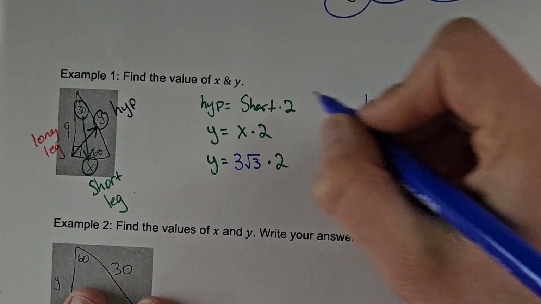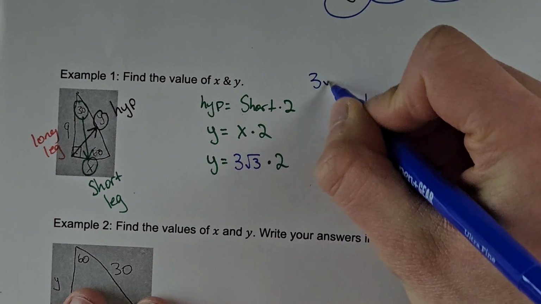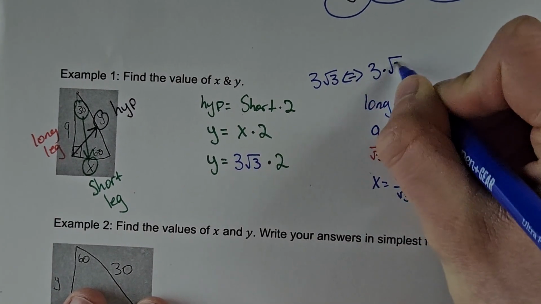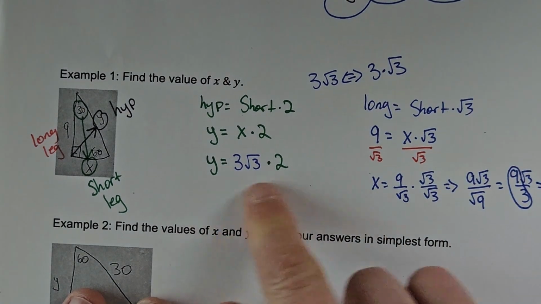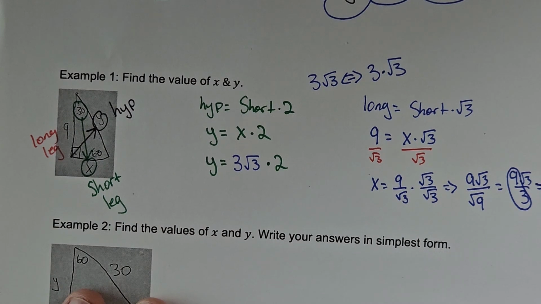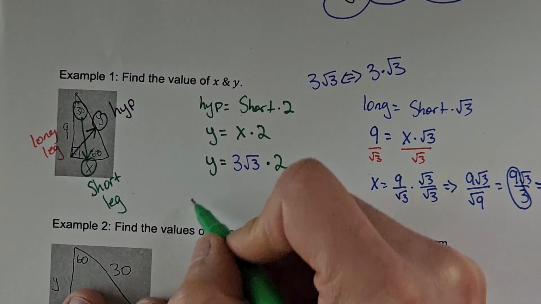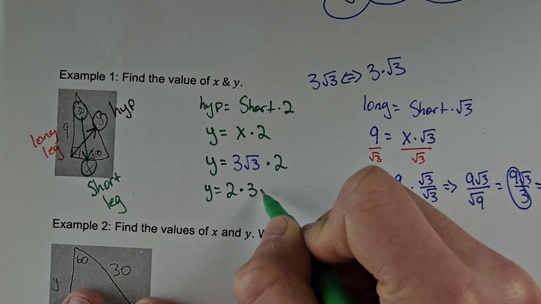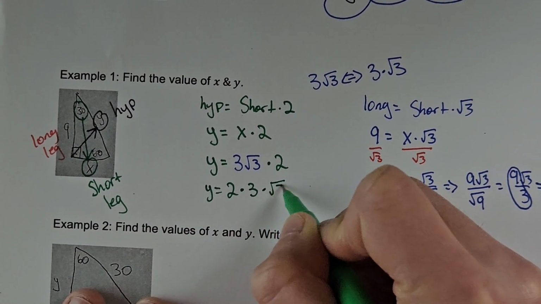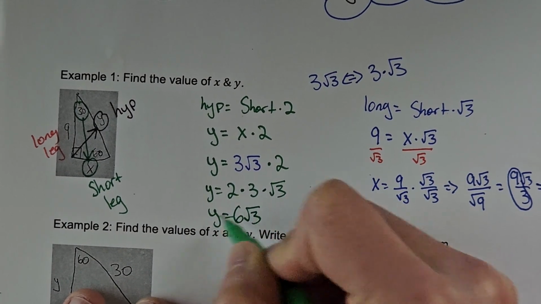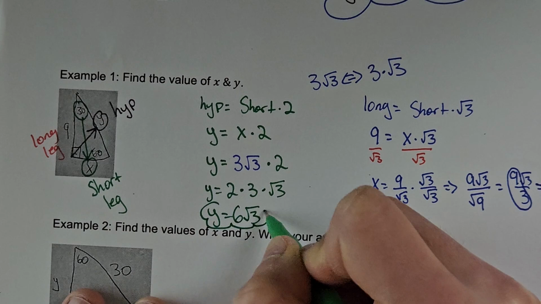Remember that 3 square root of 3 can also be written as 3 times the square root of 3. So I can move my values around because it's all multiplication. I can do 2 times 3 times that square root of 3, leading me to get 6 square root of 3 being my final answer.